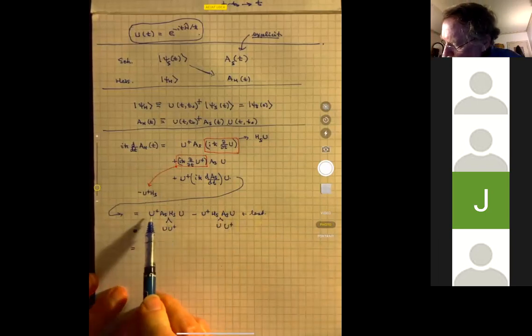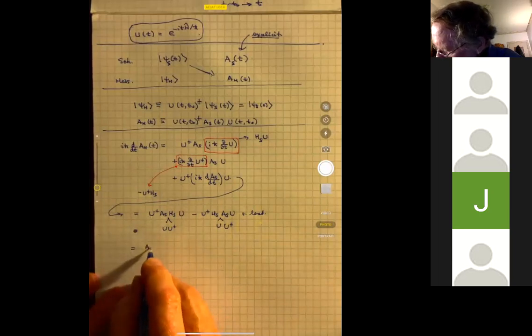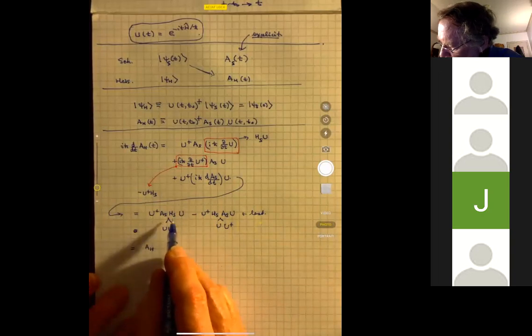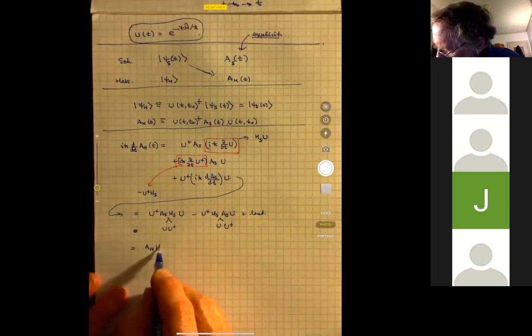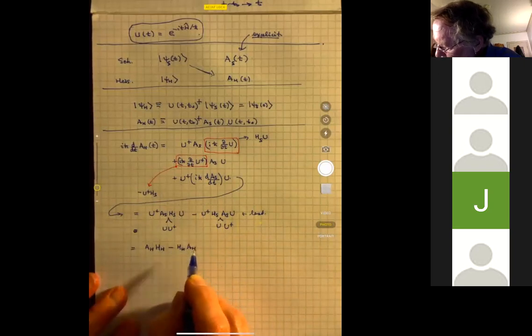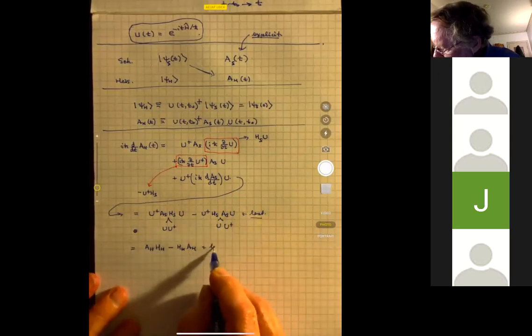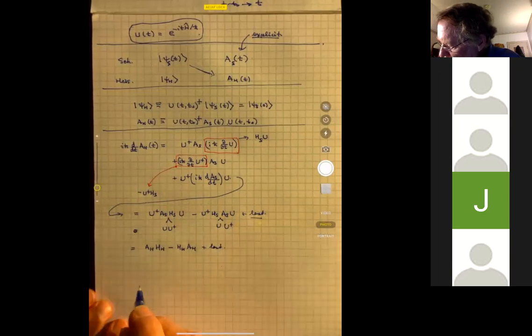If we do, then you see the appearance of U dagger, A_S, U. Well, that's the same thing as A_H. And then you have U dagger, H_S, U. That's the same thing as H_H, the Hamiltonian in the Heisenberg picture. The second term has the two operators in the reverse order like this. And as far as the last term is concerned, I'll fill it in a minute. We see the first two terms give us a commutator.